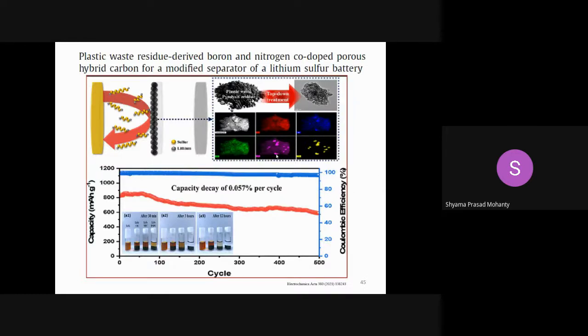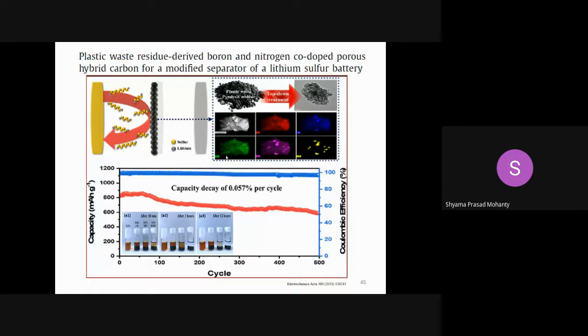Then in the case of lithium sulfur cells, the plastic waste residue was utilized, and a boron and nitrogen co-doped porous hybrid carbon separator was developed.